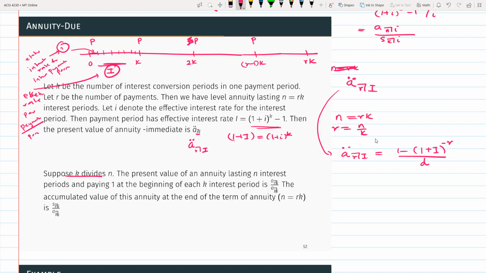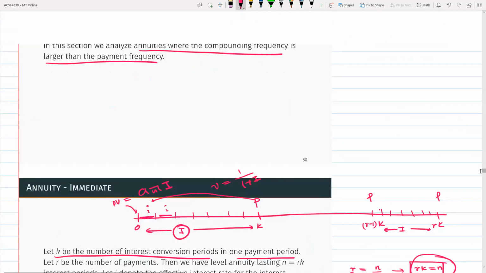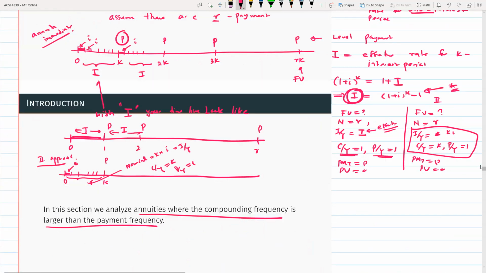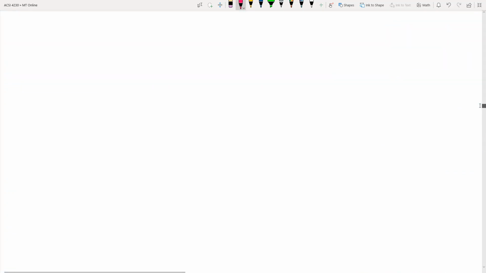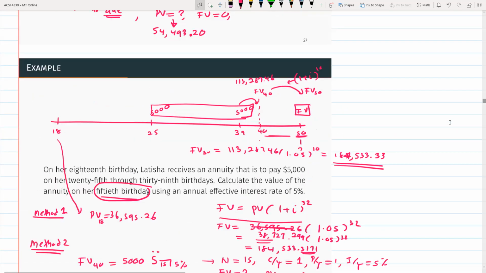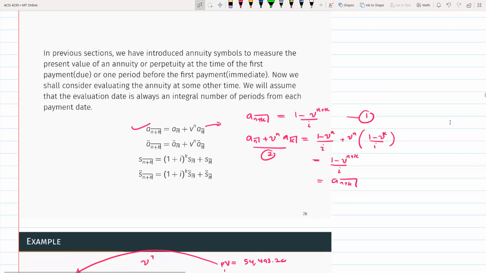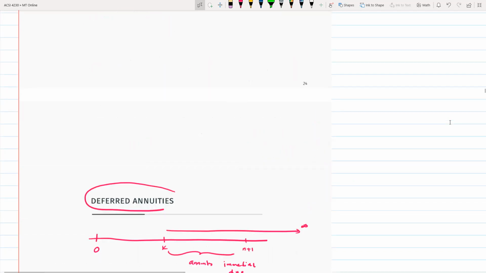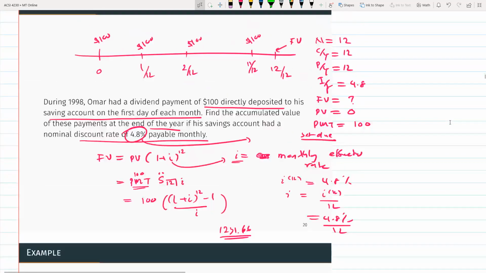We know the connection between annuity immediate and annuity due. We know that a double dot r i is what? It's going to be 1 plus i times a r i. This connection we mentioned very early. Let me see whether you can find that slide. Very early, like in here.